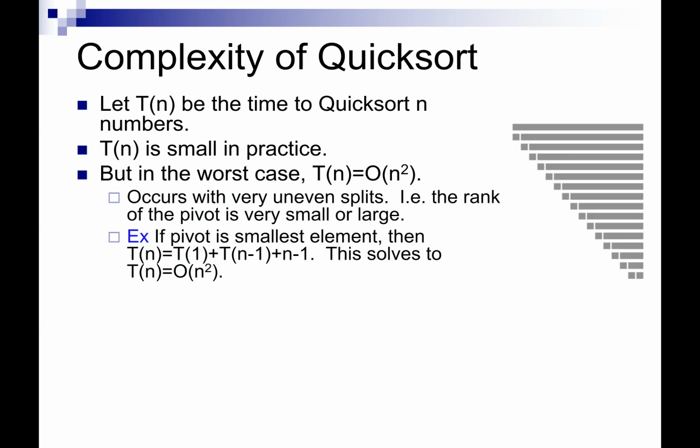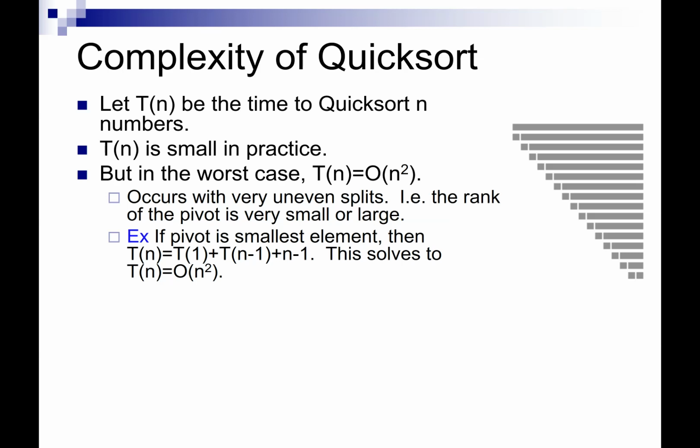Meaning that you pick as your pivot element a number which is either very small or very large. For example, if it's very small, then almost all of the other elements are going to be bigger than the pivot, and they're all going to go onto the right side.